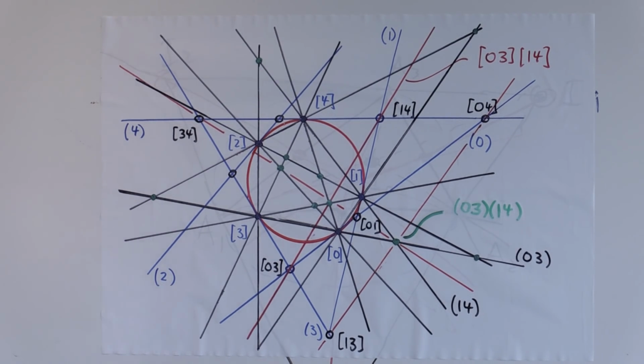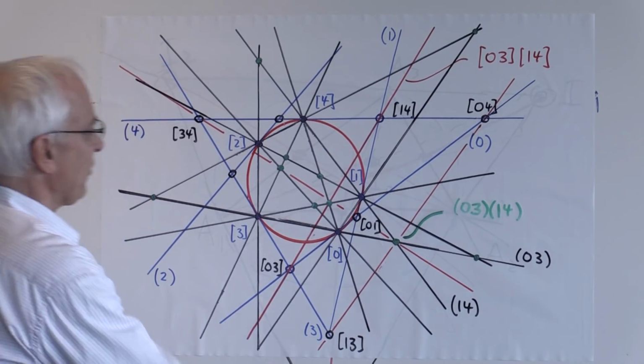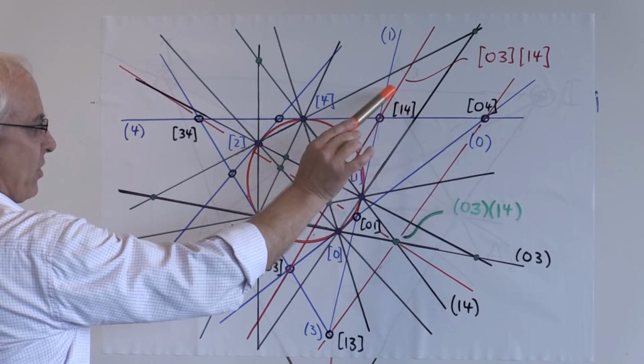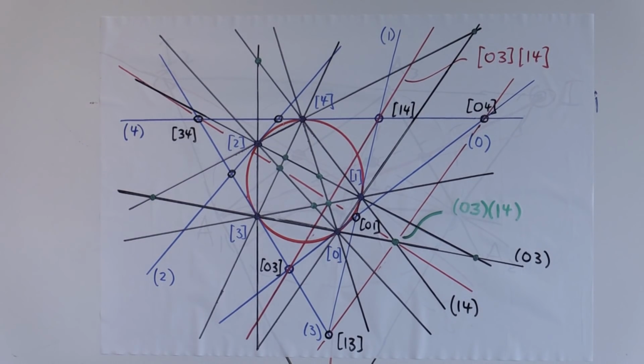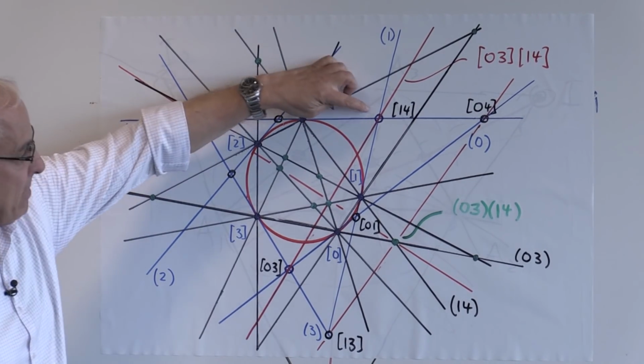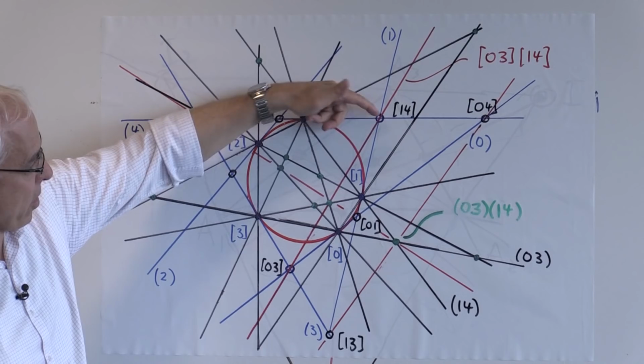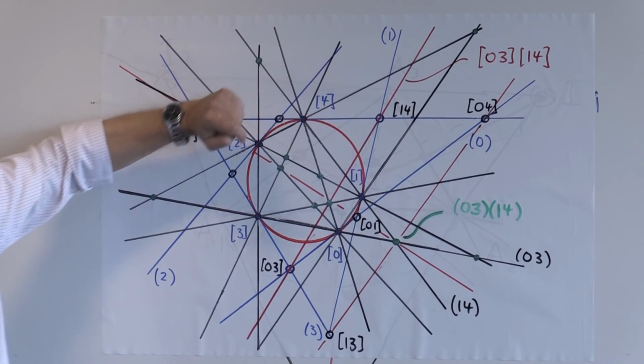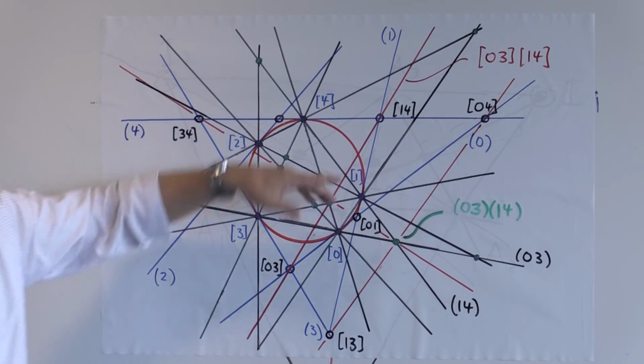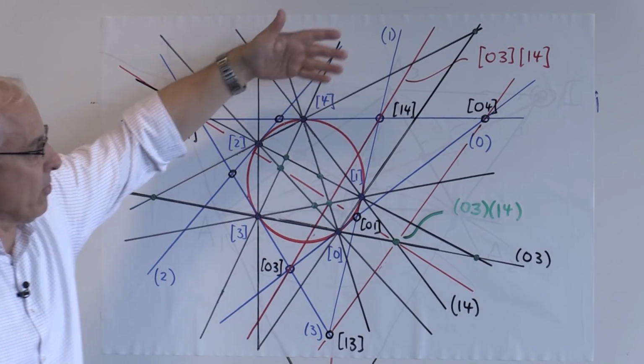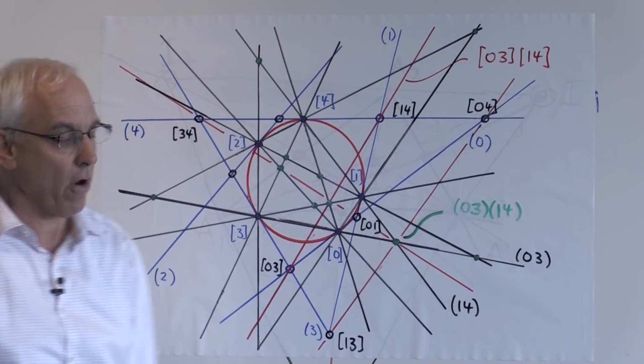So I've kind of introduced some terminology, for example. This is the point [1, 4], where square brackets mean point, and round brackets mean line. So this is the meet of the tangent at 1 and at 4. And the line that passes through [1, 4] and [0, 3], we can label as [0, 3][1, 4].